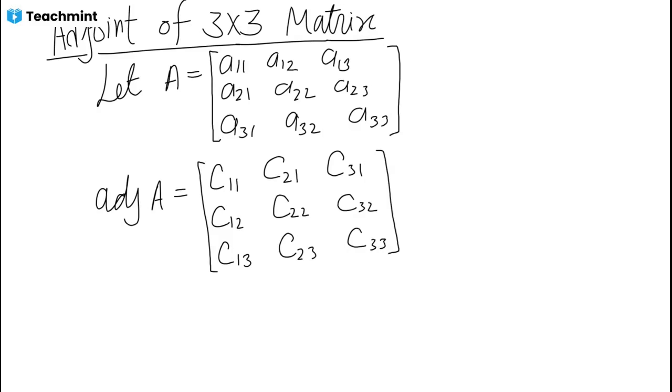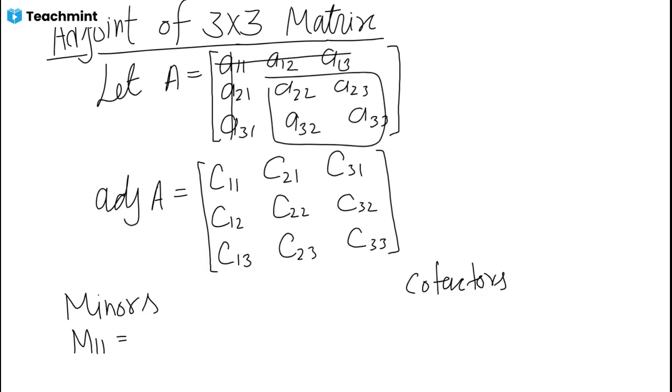To understand that, we need to understand minors and cofactors. Here we are finding cofactors. So first M11 means we are taking the first row and first column. We leave these elements and take the rest. Earlier, to find the determinant, we did it only for one row; now we need to do it for all.